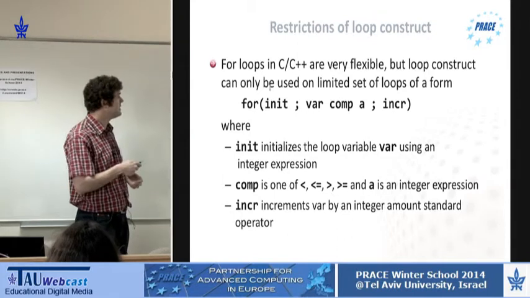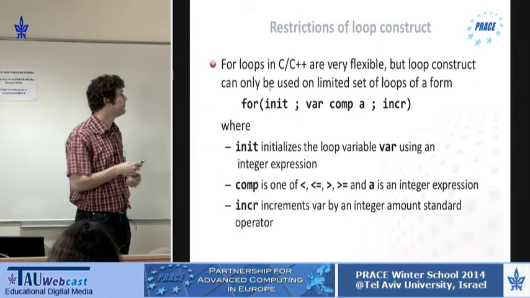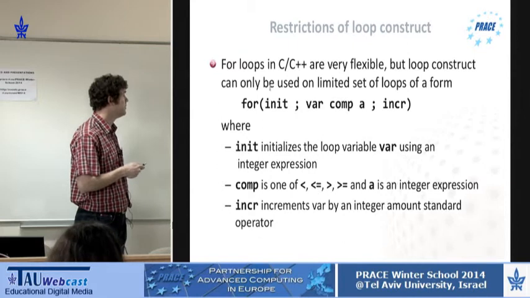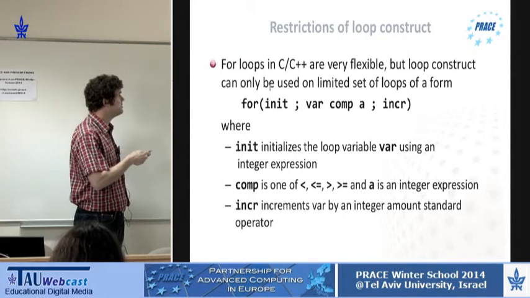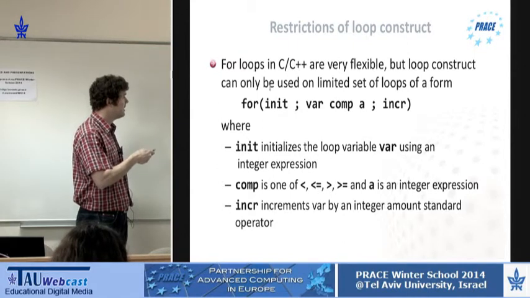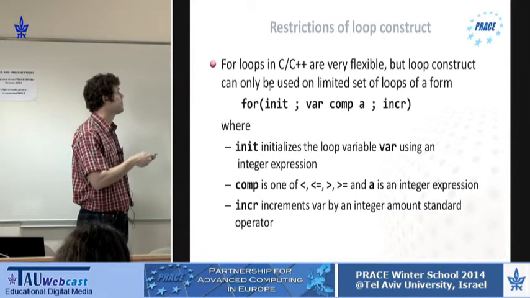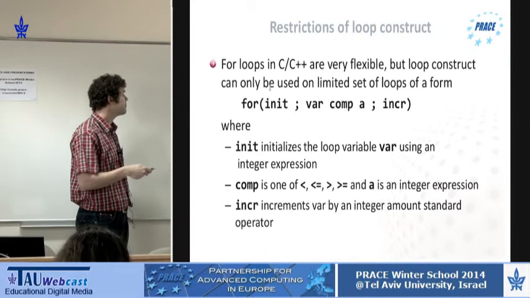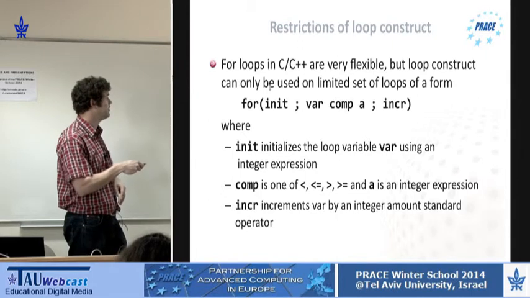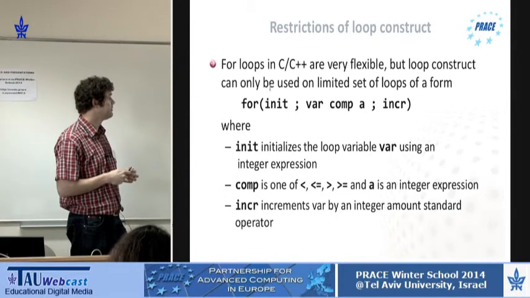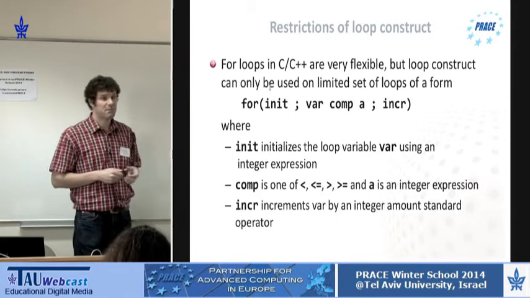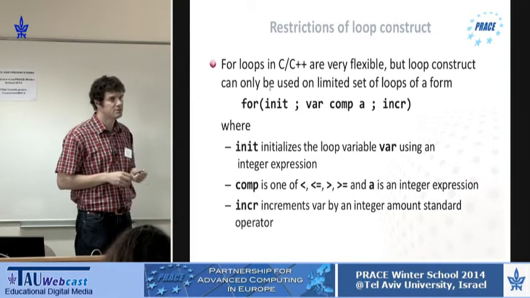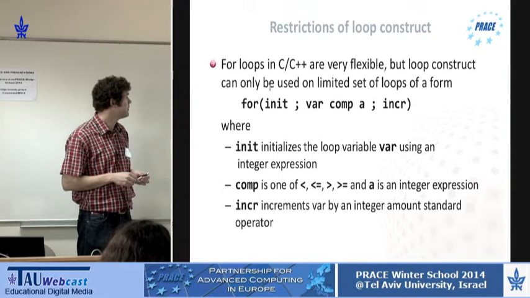In principle, C's loop construct is quite flexible, but only a specific subset is supported by OpenMP. It has to be the standard: initialize a variable to a value, do a basic comparison, and then increment by a standard amount. It can be other than one, but it has to be a constant amount.